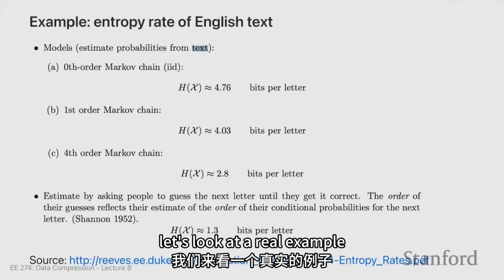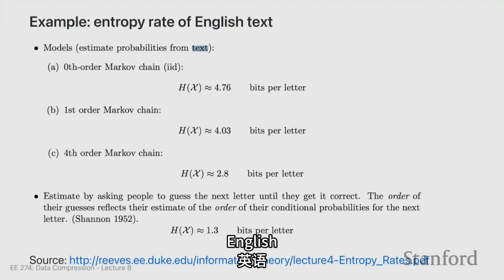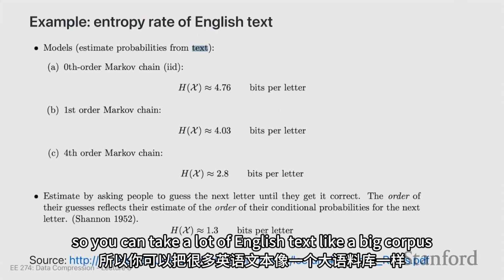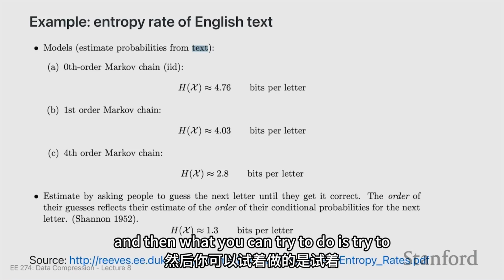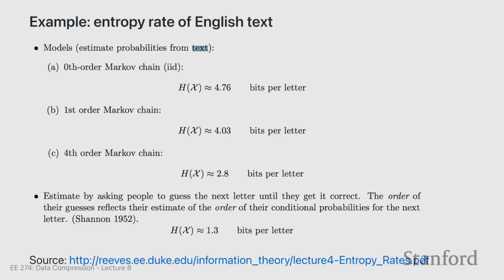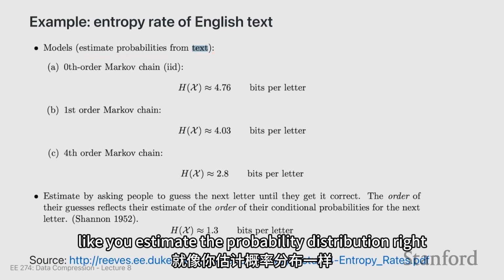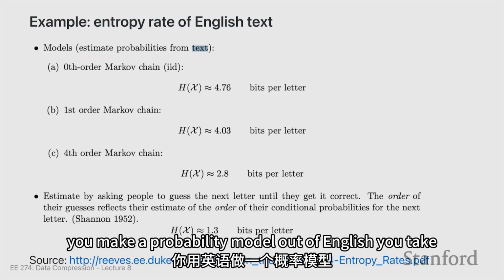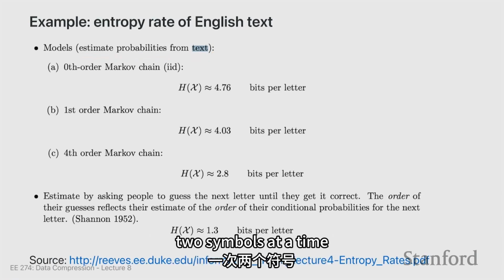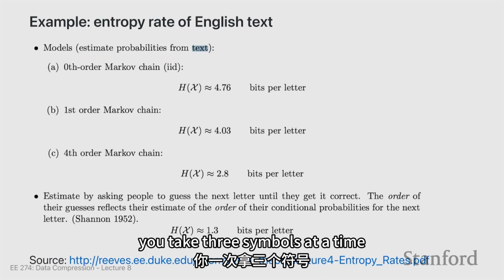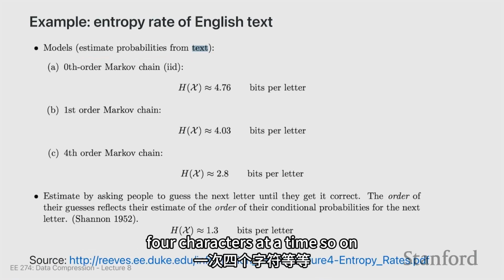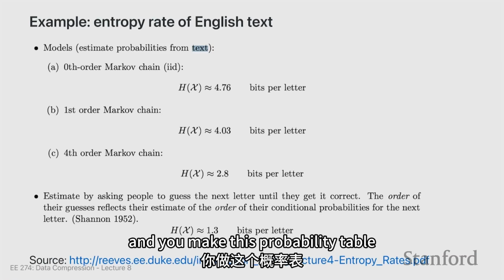Let's look at a real example. English. You can take a big corpus of English text, and then try to estimate the probabilities, like you estimate the probability distribution. You make a probability model out of English. You take 2 symbols at a time, 3 characters at a time, 4 characters at a time, and so on, and you make this probability table.